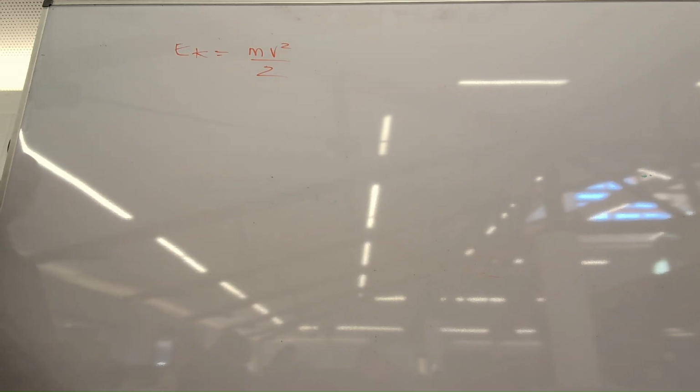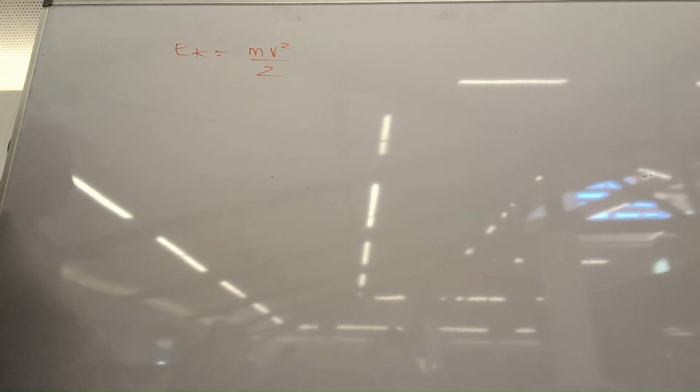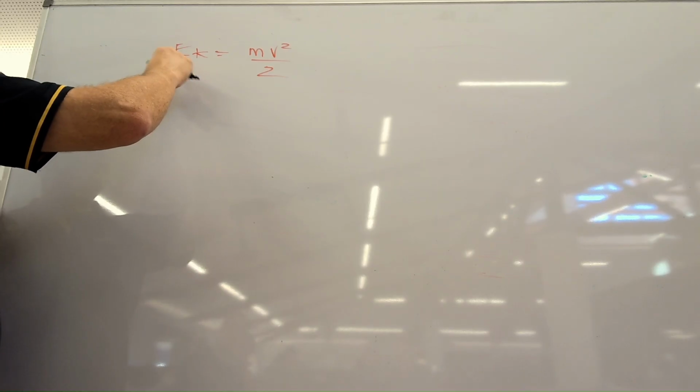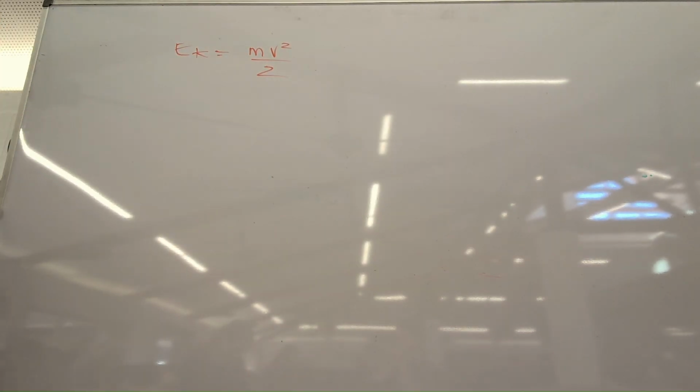If we want to isolate m, we've got to put everything else that's with m on the other side. The sneaky rule is if it's up the top on this side, it goes down the bottom on the other side, and if it's down the bottom on this side, it goes up the top on the other side.